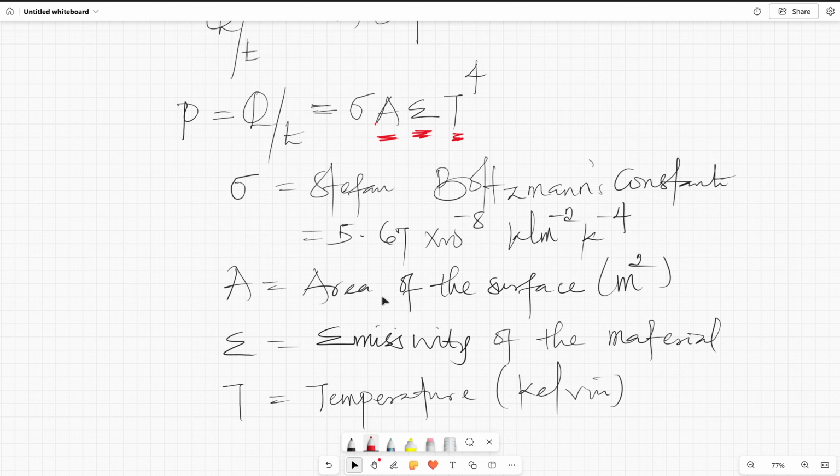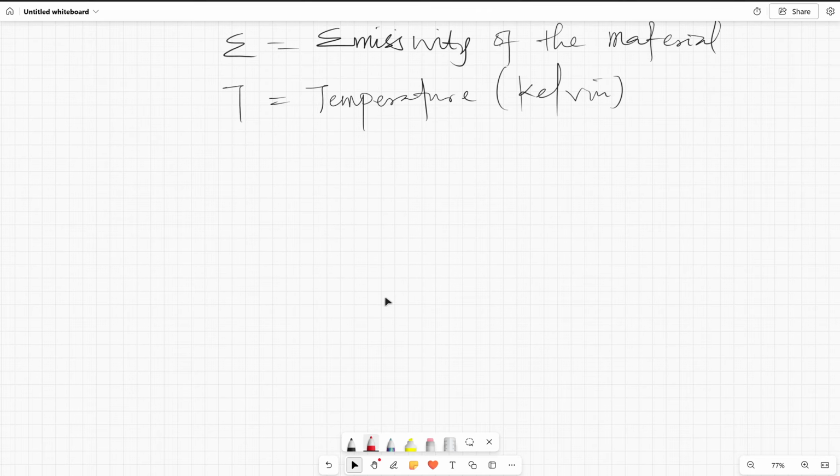A very quick one: the wave formula in physics, you need to know that V equals f lambda, which relates the wave speed, frequency, and the wavelength.